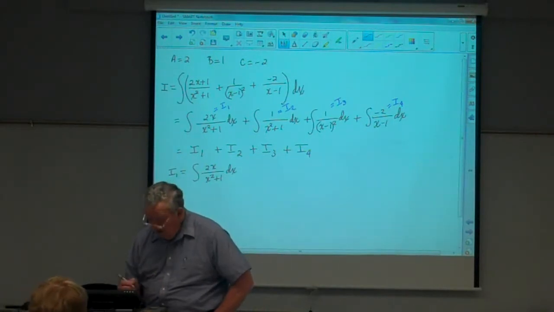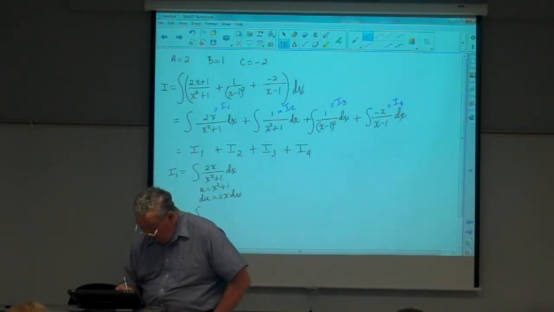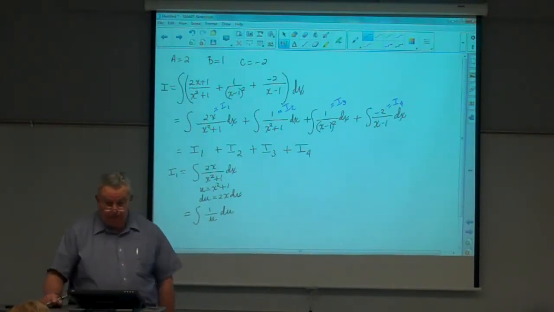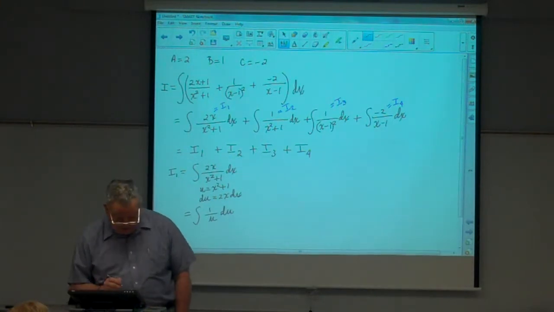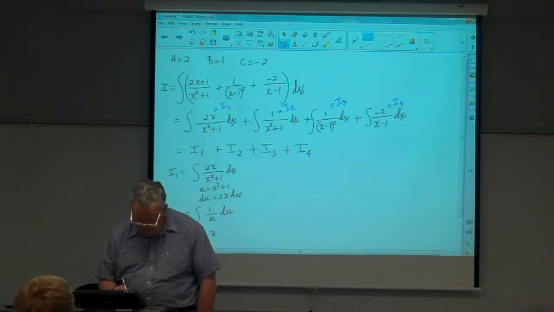Let u equal x squared plus 1. Du is equal to 2x dx. So I1 is equal to the integral of 1 over u du. Is that right? Everybody? Which is equal to log u.